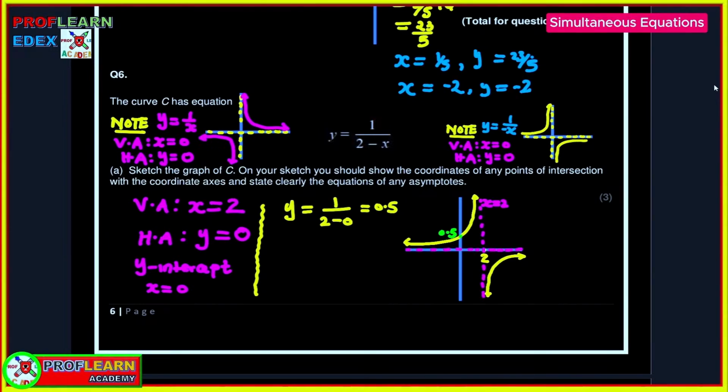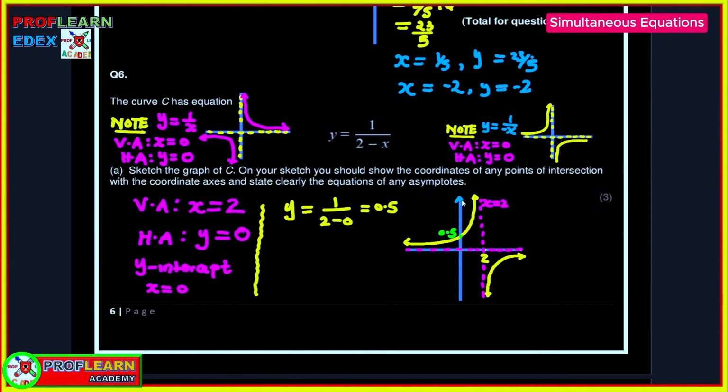So you need to know the general equation of how the graphs look, and don't forget to indicate what the y-intercept or x-intercept is if it exists.